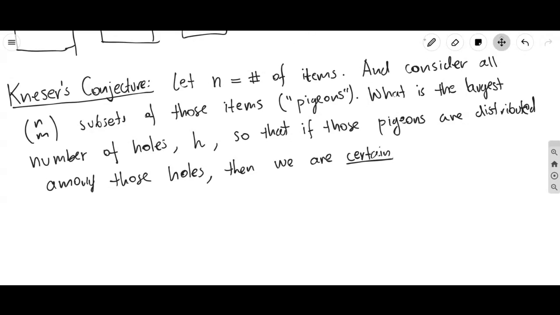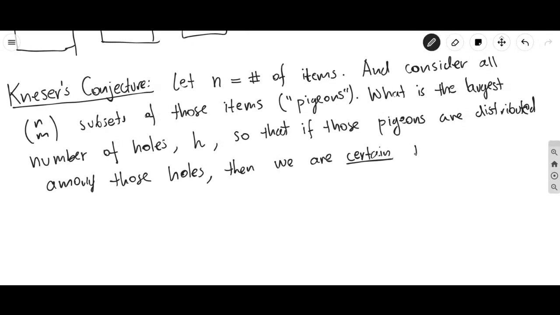To make it a little easier, take the classical pigeonhole principle: if you have 3 items and 2 boxes, no matter how you distribute these 3 pigeons into these 2 boxes, 2 of them end up in the same box. Now, if you have 2 pigeons in 2 boxes, you can put 1 pigeon into each box, and then you're no longer certain that 2 of them are in the same box. It could or could not happen. So it's all about being absolutely certain that this property must hold.